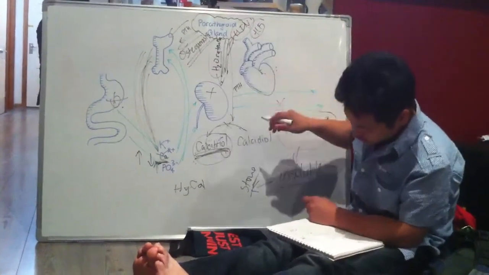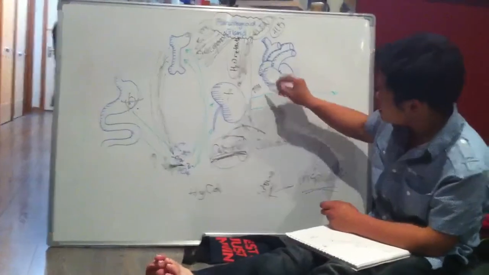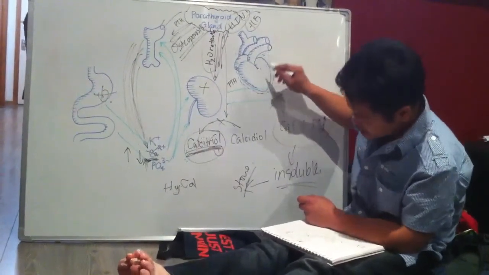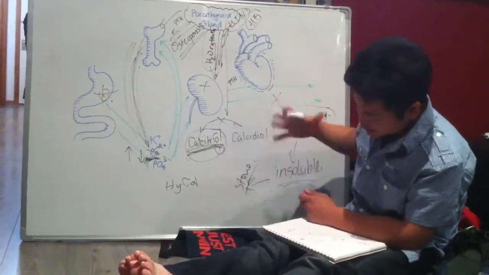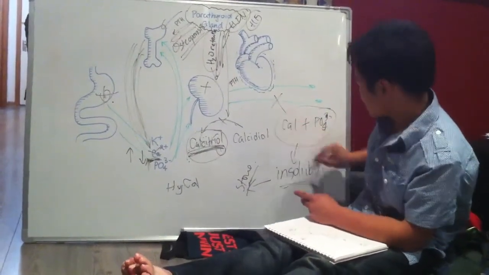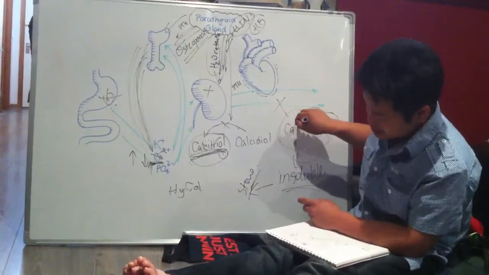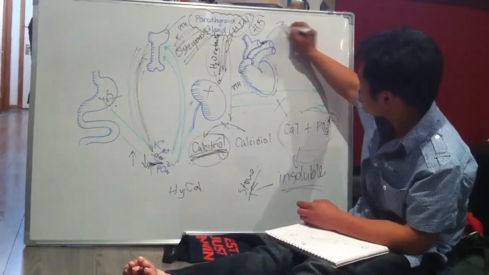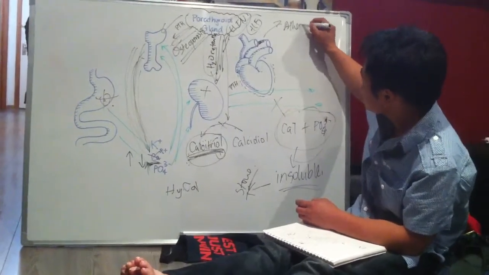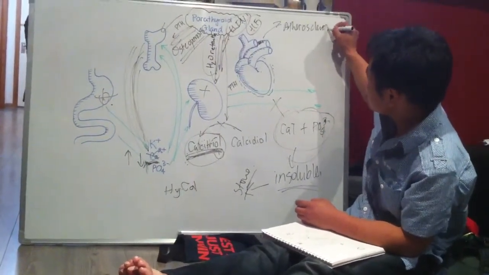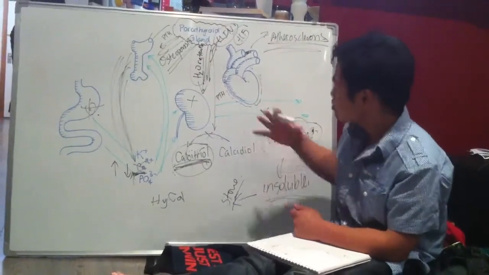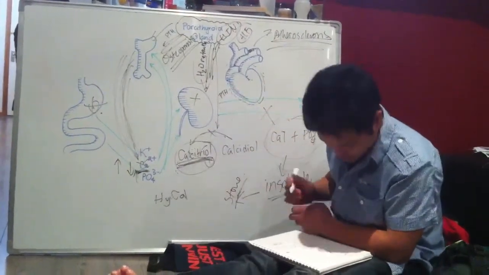It's not good for the heart either. The heart becomes hypertrophic, and then you get congestive heart failure. And you get calcium phosphate going to the blood vessel and hardening it, causing atherosclerosis. So you see, all of these problems just build upon themselves when your kidney fails.